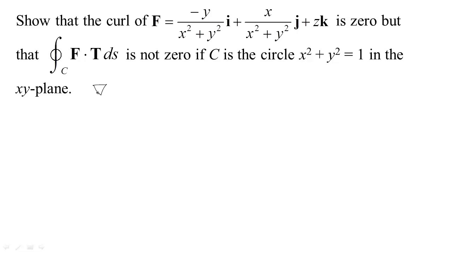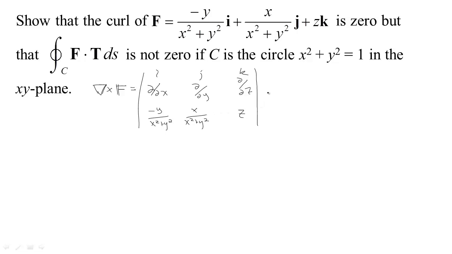So we're going to find the curl of our vector field F. Just remember it as i, j, k, d/dx, d/dy, d/dz. We put in our functions: minus y over x squared plus y squared, x over x squared plus y squared, and z here.